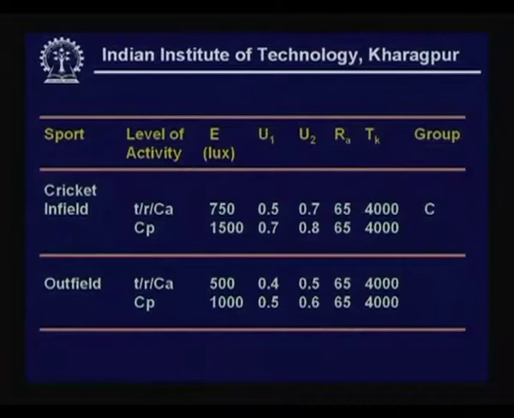We find the level requirements are really high, going from 750 to 1500 for the infield and 500 to 1000 lux for the outfield. You can also see that the uniformity indices are higher, going up to 0.7, 0.8 for the infield and 0.5, 0.6 for the outfield.